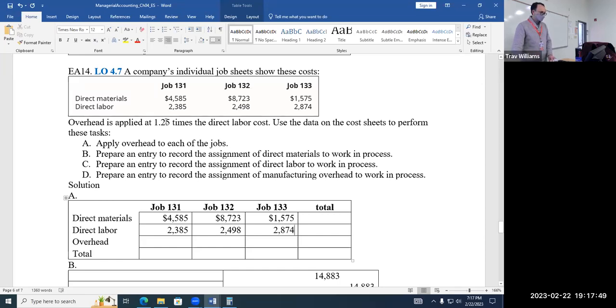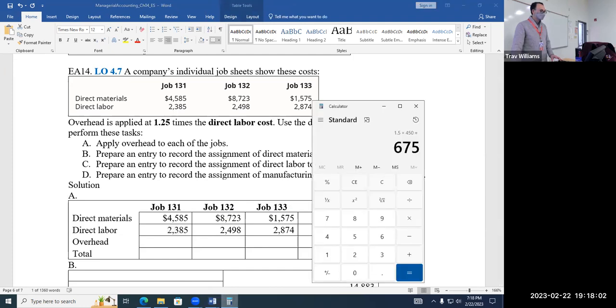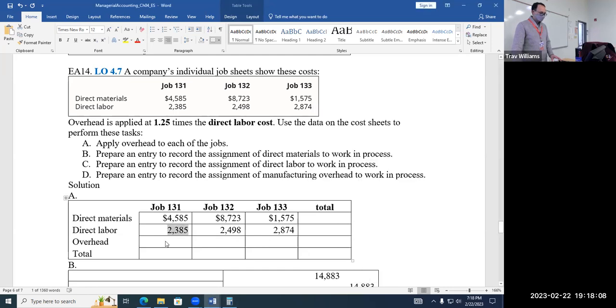Okay. Again, we're using a 1.25 allocation rate for overhead based on direct labor cost. Just like we did before, we'll take the cost of the direct labor times 1.25. I better check. Sometimes they like to round off.